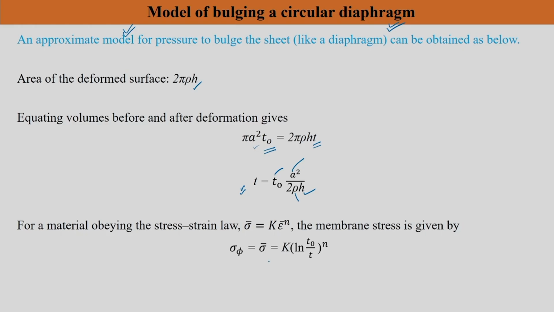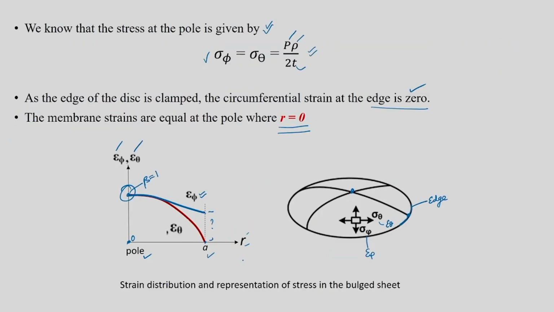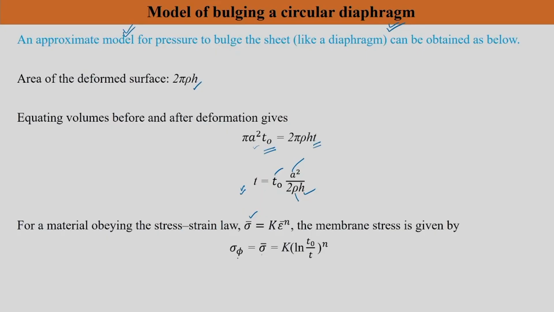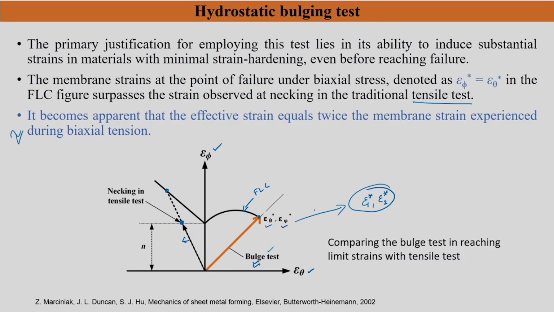So, now again as usual we are going to consider sigma bar is equal to k epsilon power n, let us say, and we can write in a simple equation sigma bar is nothing but sigma phi which we already derived, right. So, sigma bar is nothing but sigma phi equal to k, epsilon bar is, what is the value epsilon bar?